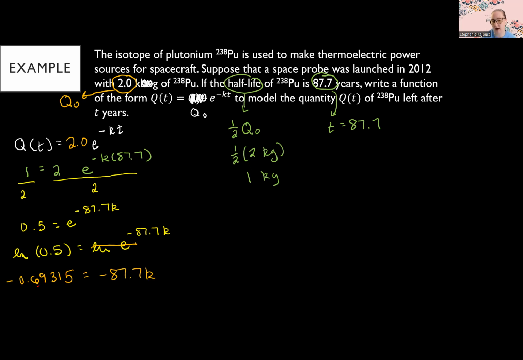And so we have negative 0.69315 equals negative 87.7 k. And now we are solving for k, so we want to divide both sides by the negative 87.7.